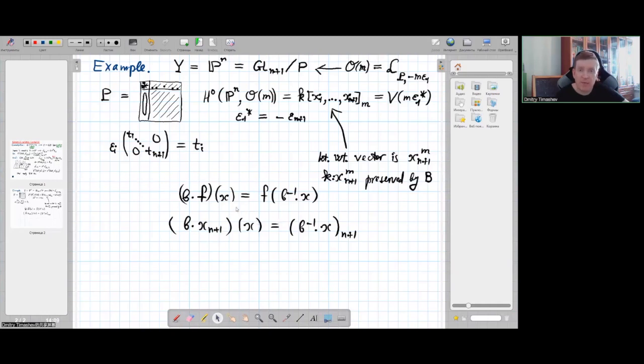But now I consider functions on a homogeneous space, on this guy. Here everything acts on the left. So GL n plus 1 and all subgroups in GL n plus 1 act on this Y on the left. So this is a correct formula. Okay?